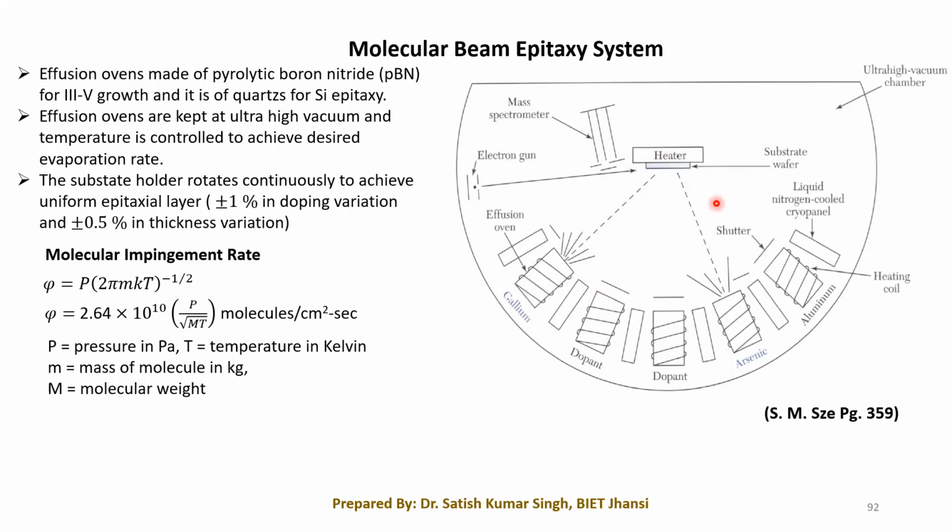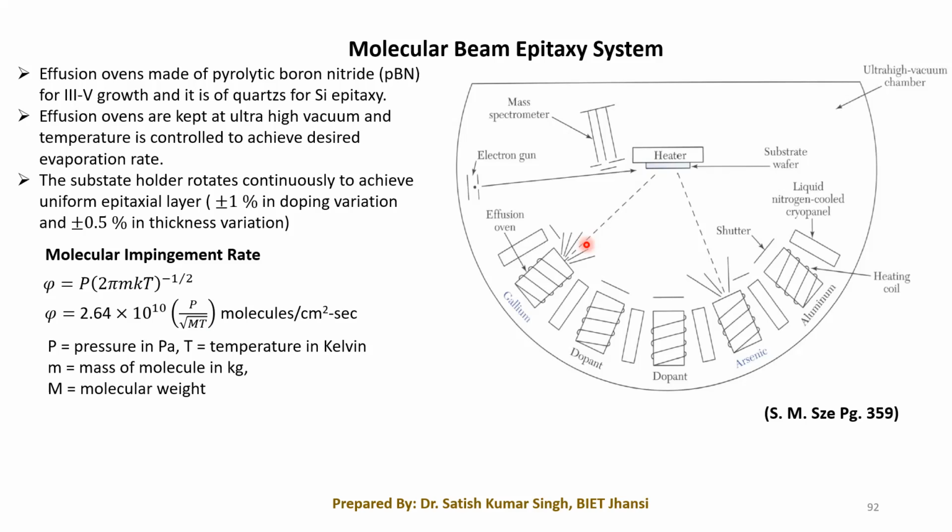And it is referred to as a low temperature process. This is one of the advantages of our molecular beam epitaxy, that it is a low temperature process. The second advantage, which is very obvious, is that we can have excellent control over the doping profile. We can control the doping precisely.